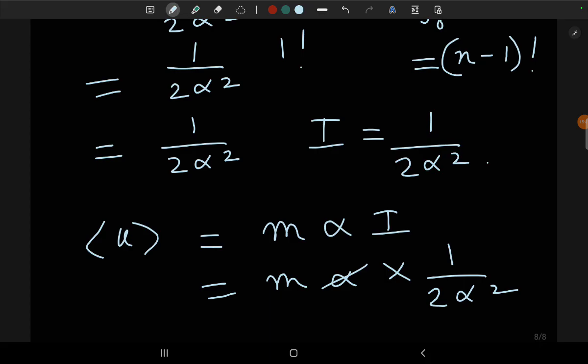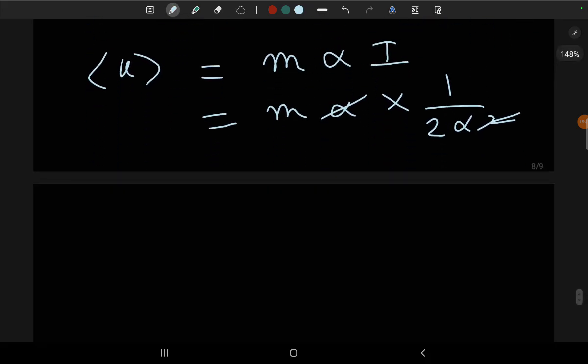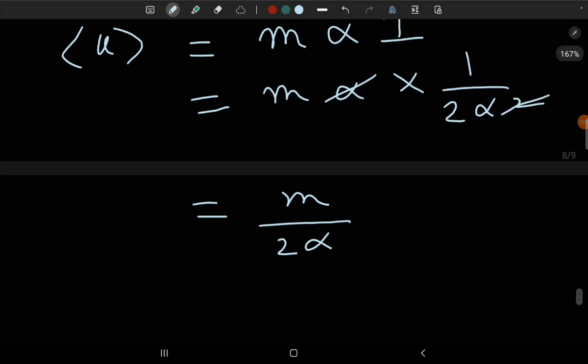We will have m by 2 alpha. Now this was the value of the average kinetic energy of all the molecules in the system, a perfectly ideal gaseous system. But we found out from the equipartition principle, which is why I stated the equipartition principle before, that for the 2D system, since this is a 2D Maxwellian, this was equal to kBT.